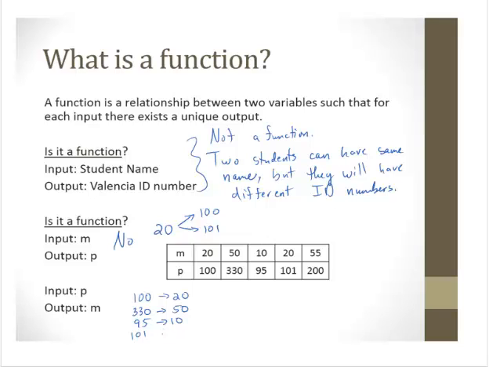We can have multiple inputs going to the same output. That's okay. And we have 200 going to 55. This is a function, because each input, P, goes to exactly one output, M. That's okay. That's a function.